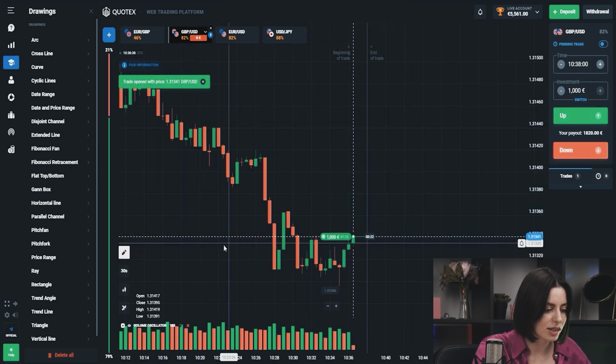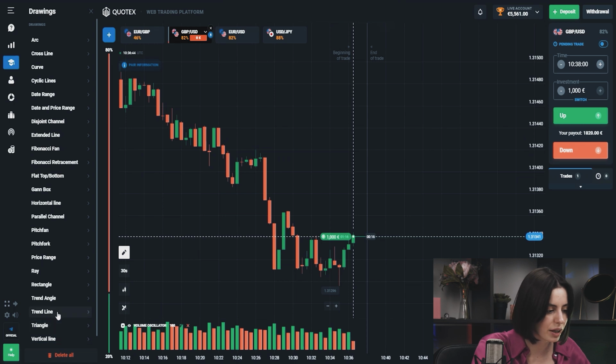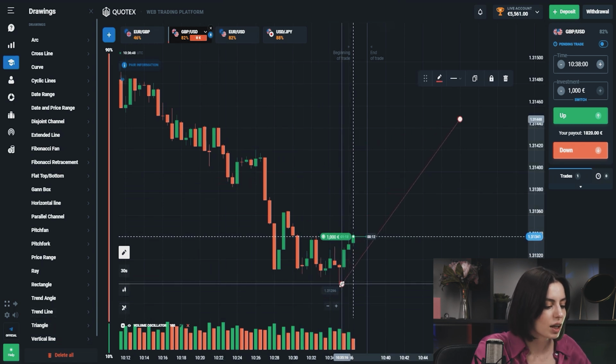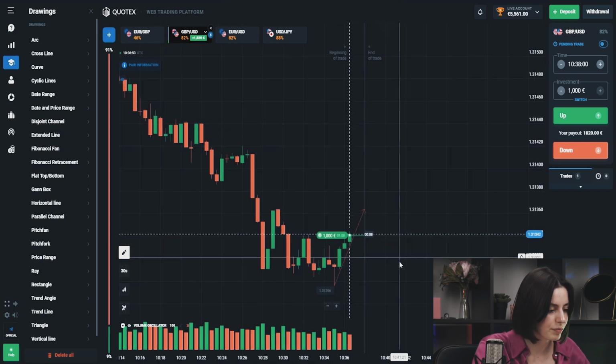So we made a next bet up, since this current candle just overcame the previous barrier, and I'm gonna add the trend line for you. And yep, you may see that it's just going up.